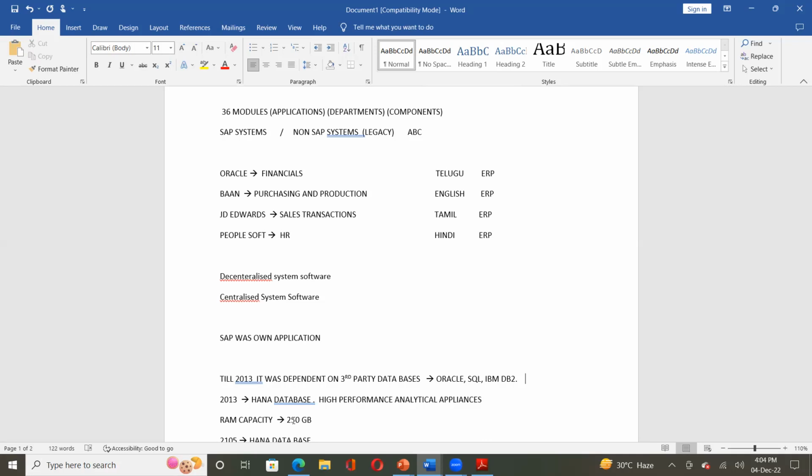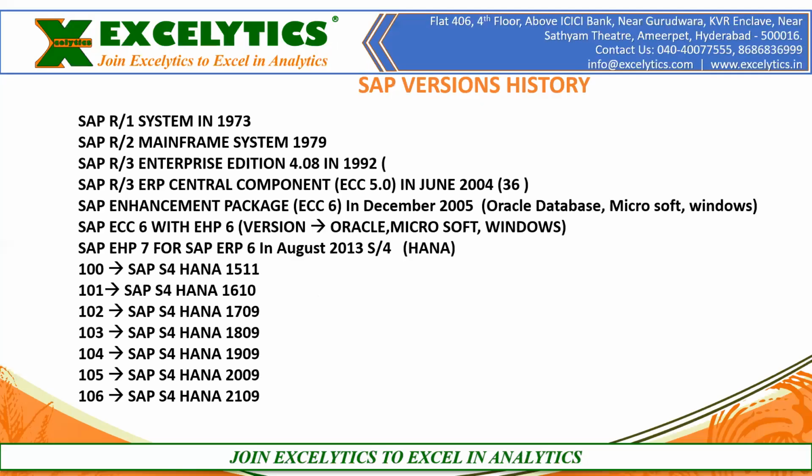So up to the ECC 6 with EHP 6 version, whatever SAP was using was completely on traditional databases, that is Oracle database, Microsoft database, or IBM, the last one.